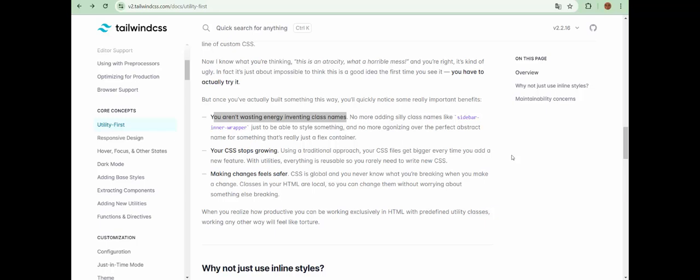And what is the miracle in Tailwind? The miracle is that you don't waste energy. You don't need cognitive energy. How is it possible? It is possible because with some practice, in a very short time, you are very, very friendly with the names of utility classes.